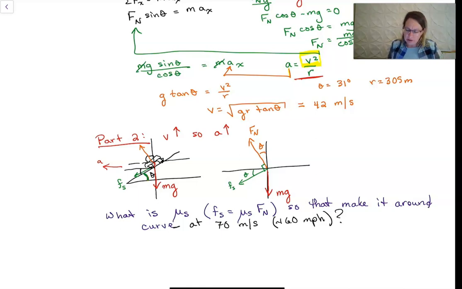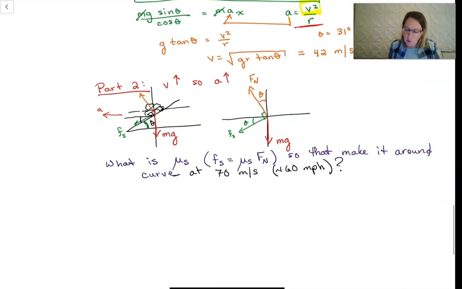So again, I'm going to do my x and y components, but here I've got lots of trig going on, right? So my normal force, I still have the same thing I had before. Force normal in the x is force normal sine theta. Force normal in the y is force normal cosine theta. And then for friction, I've got the same kind of thing going on.